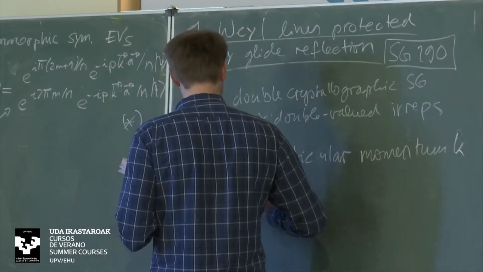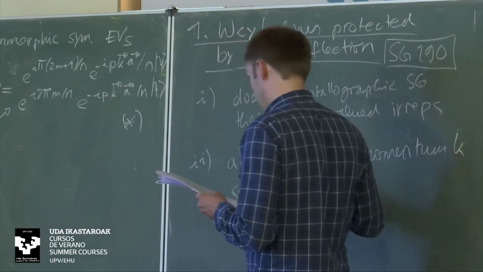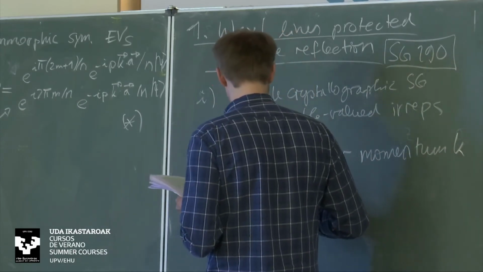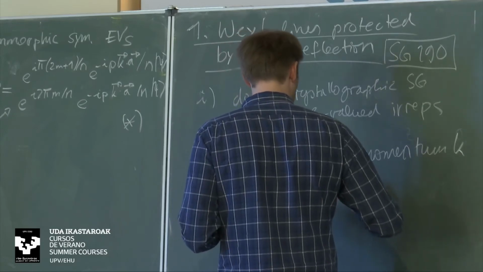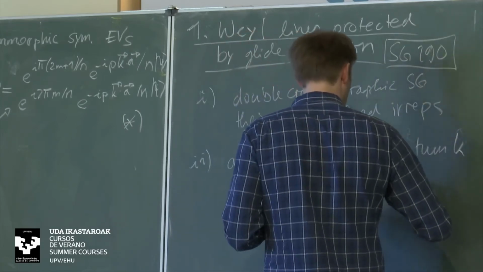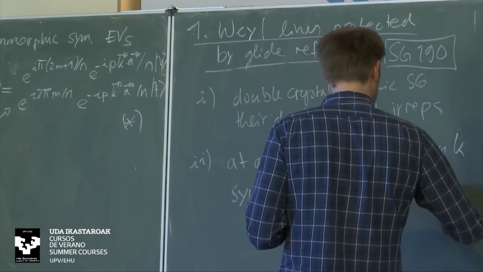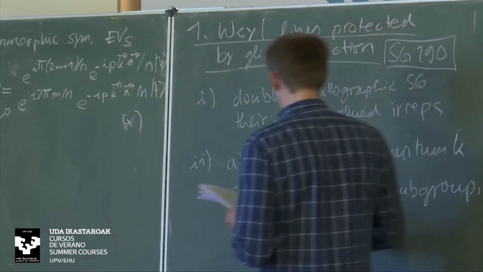So at a particular momentum in the Brillouin zone, the full symmetry is reduced to a subgroup of the full space group, and this subgroup is called the little group.